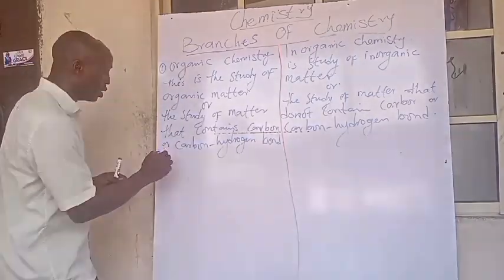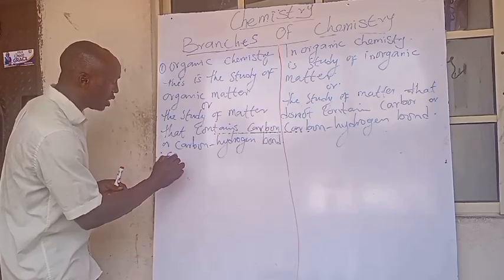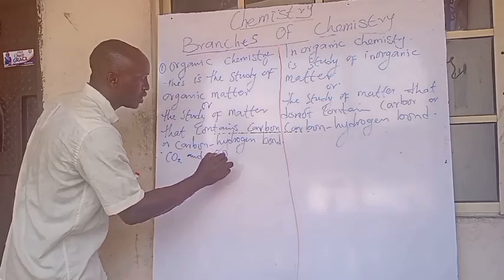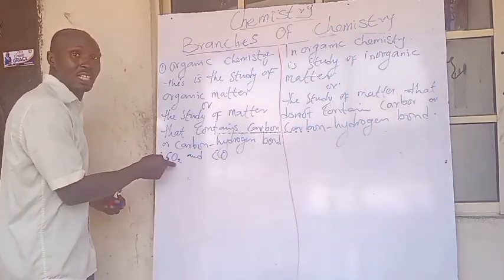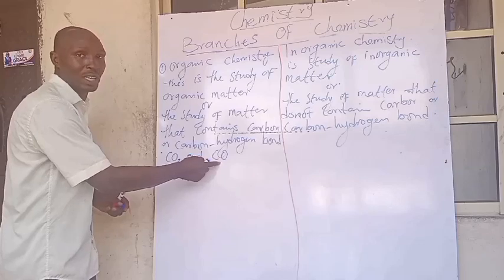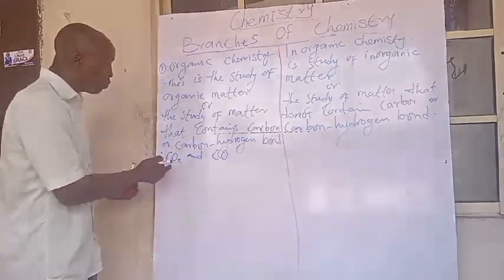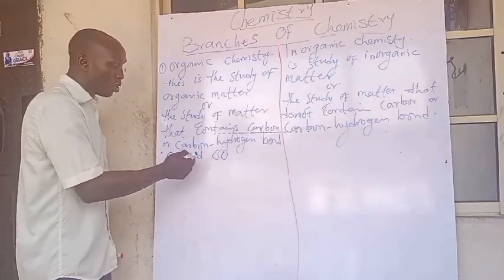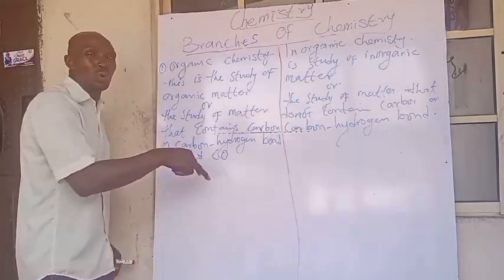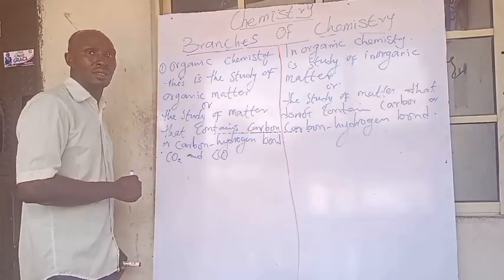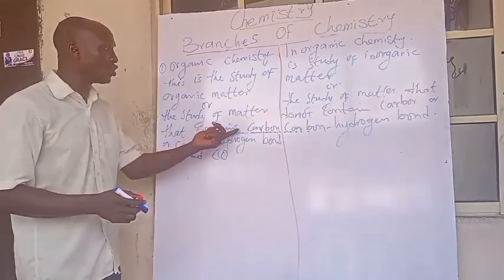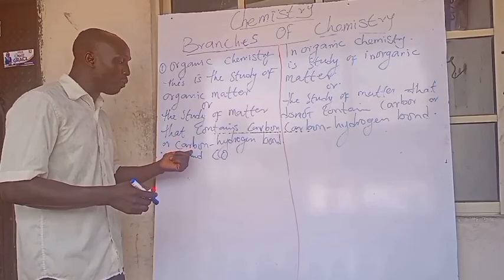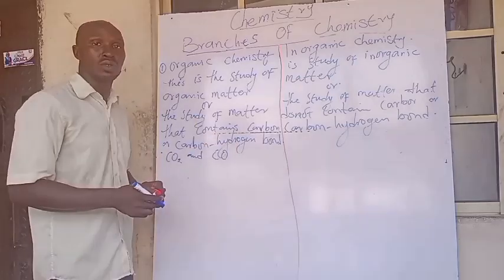Examples are carbon IV oxide and carbon II oxide. This is carbon dioxide and this is carbon monoxide. You can see that they both contain carbon atoms, but they themselves are not organic. That is why this definition had to go further by saying it must contain a carbon-hydrogen bond.